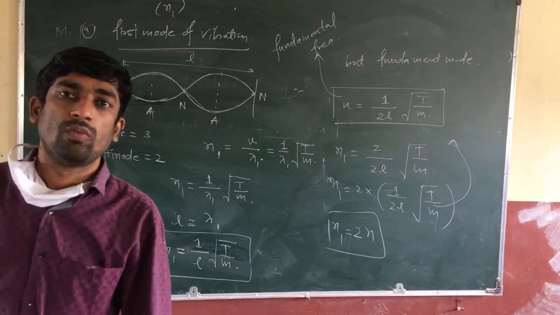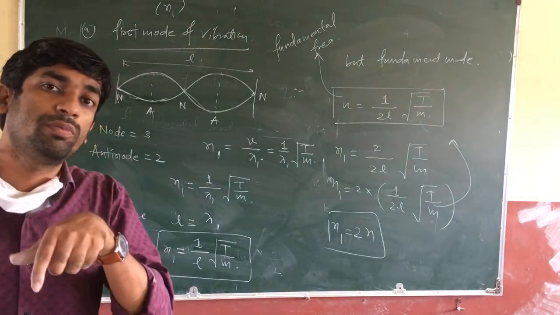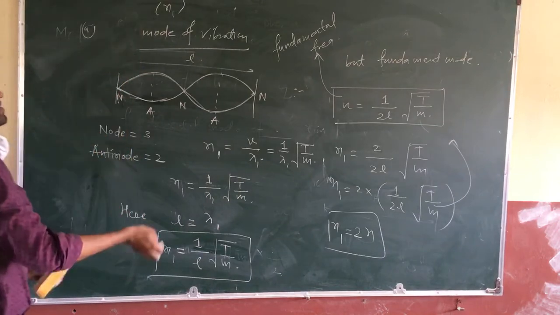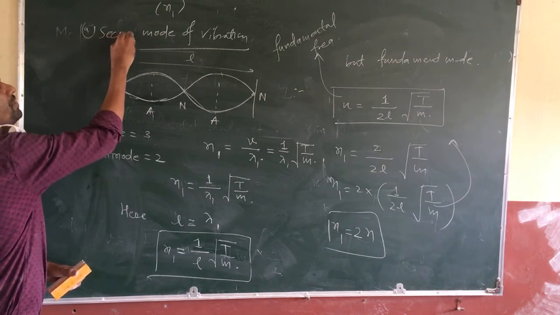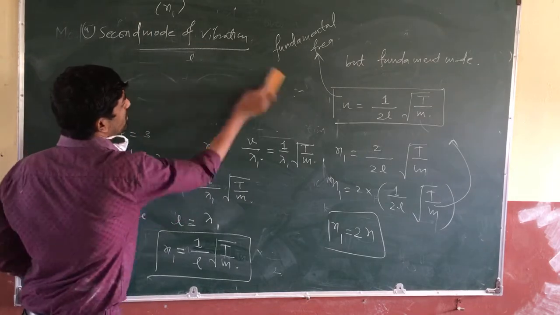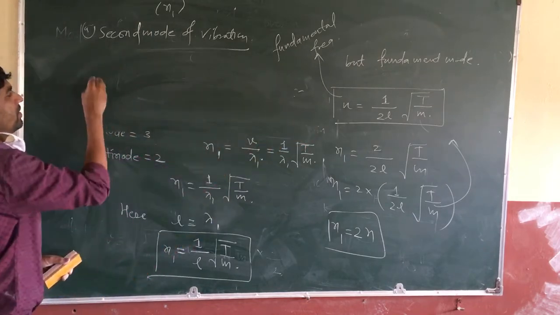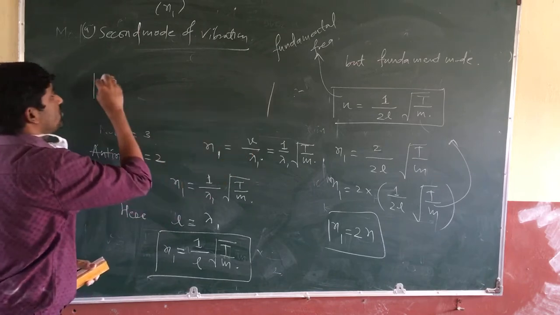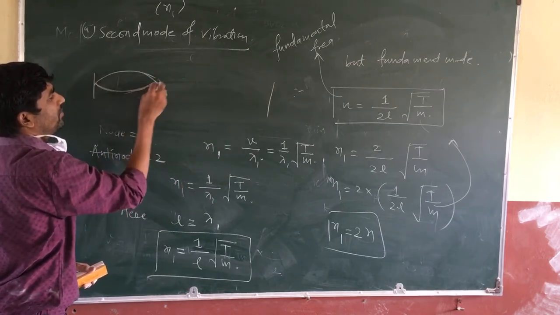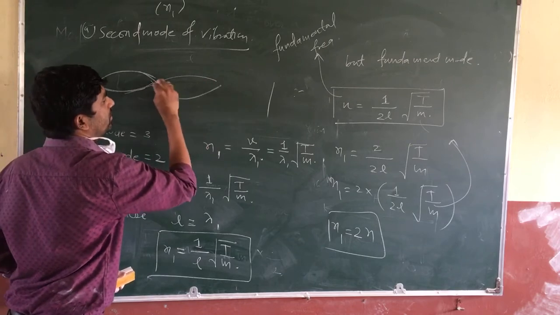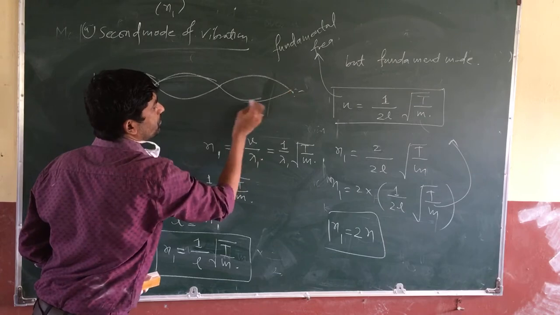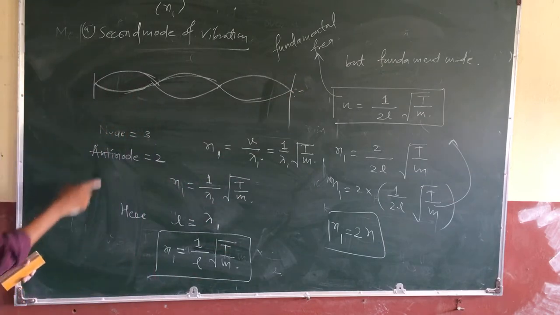Now we have to work out the second mode of vibration. In the second mode of vibration, how many loops are there? There are 3 loops. First loop, then a second loop, then a third loop. And how many nodes are there?